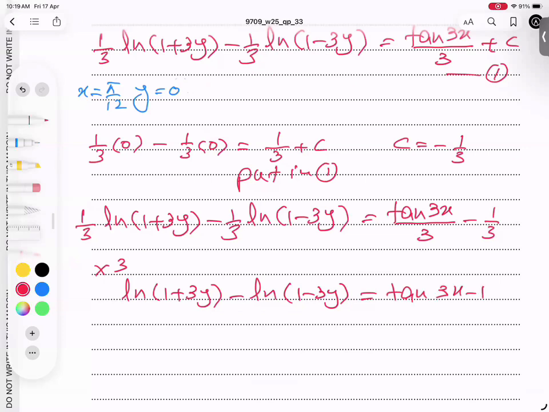And what is my ultimate target? To make y the subject. So there's a negative sign, this will go up and this will go down. We can write log of 1 plus 3y over 1 minus 3y, and here I'm writing tan 3x, and minus 1 is outside.